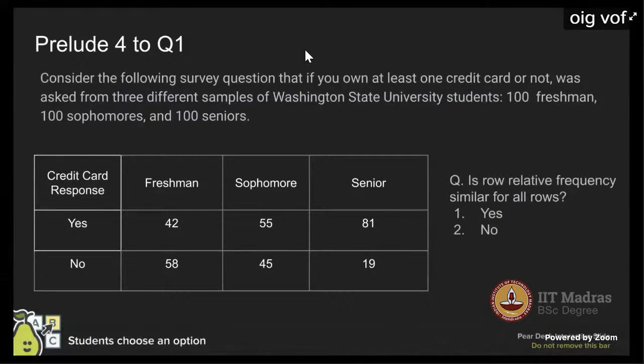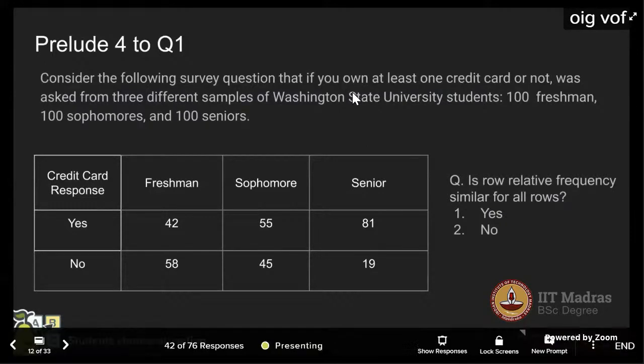Sir, row relative frequency means freshman yes responses divided by total yes responses, sophomore yes divided by total yes, like that, right? Yeah. Sir, if row relative frequencies are same for all rows, then column relative frequencies are also going to be same. Yeah, then it will be same. You don't have to calculate it.